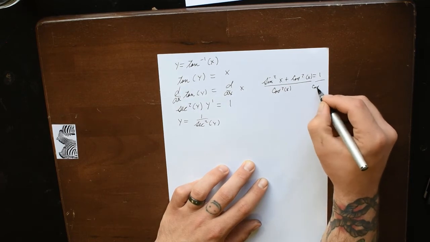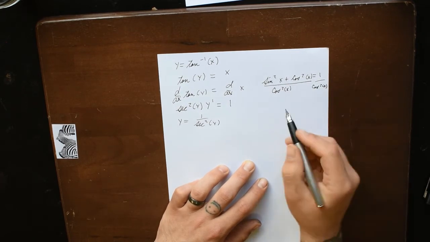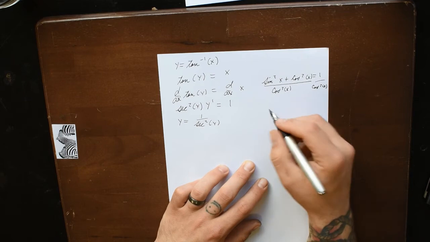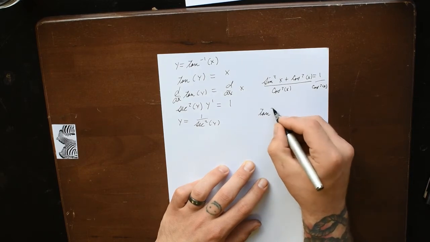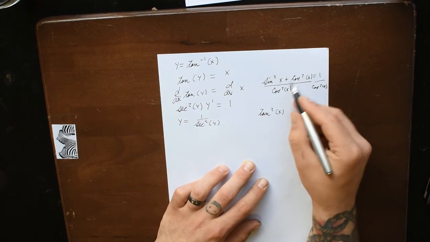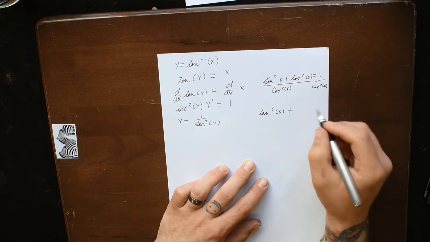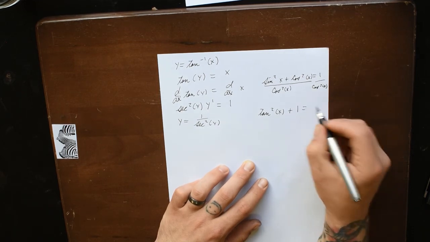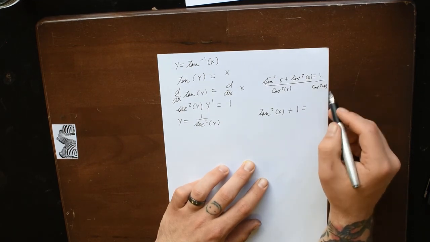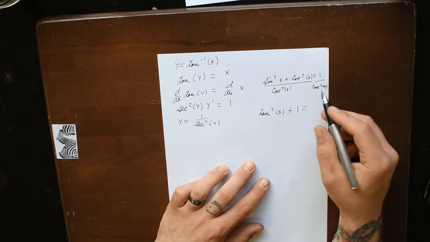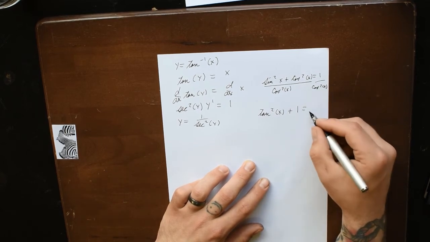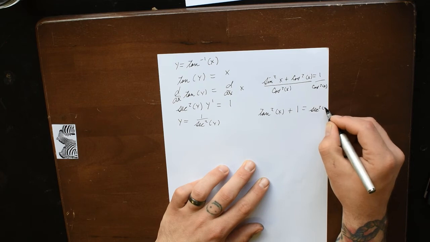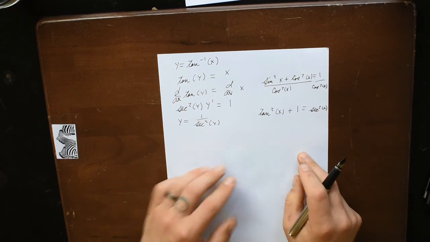Sine squared divided by cosine squared gives us a tangent squared of an x, plus cosine squared divided by cosine squared is 1, and that's equal to 1 over a cosine squared of x, or 1 over a secant squared of an x.